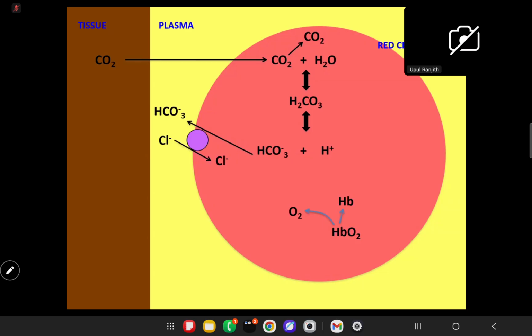At the same time, at the tissue level, the oxygenated hemoglobin will release oxygen into the tissues, and then hemoglobin becomes reduced hemoglobin, and that reduced hemoglobin can bind with hydrogen ion to form HHb. This HHb reacts with another molecule of carbon dioxide to form carbaminohemoglobin. So that is the process happening in the red blood cell.